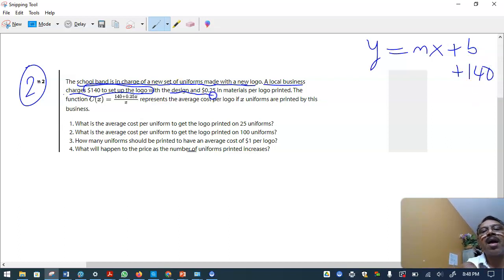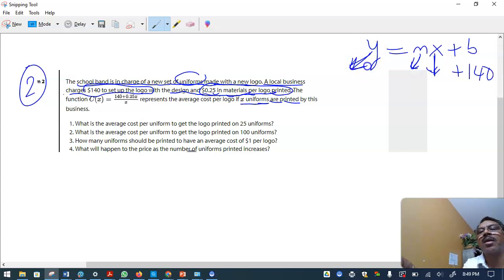And after that, the material per logo to be printed is 0.25. That means the slope. X represents the number of uniforms printed.